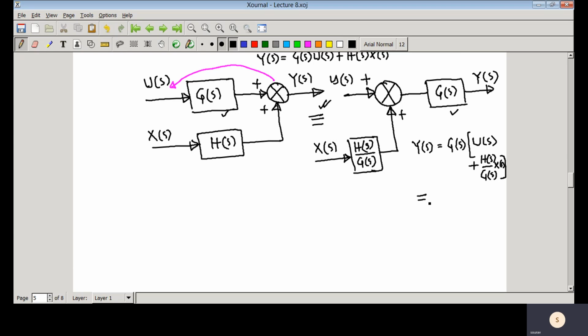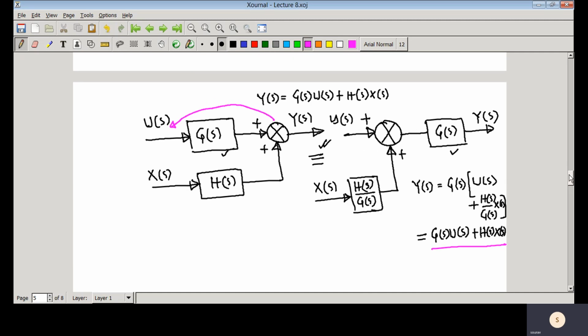Now if you multiply it, you have Gs Us plus Gs will be cancelled out here. So that means it is Hs into Xs. So you can see from here that this particular expression and this expression are the same.